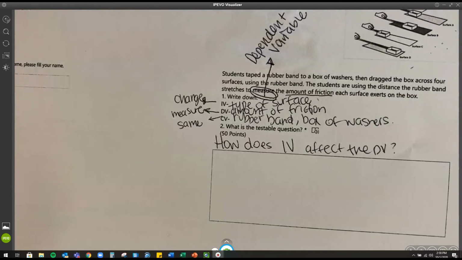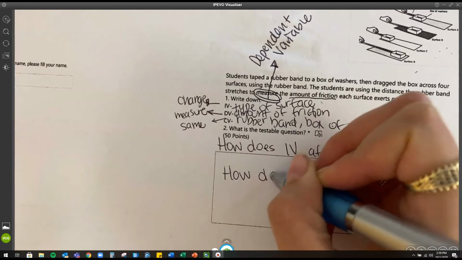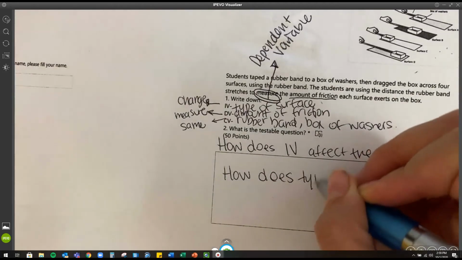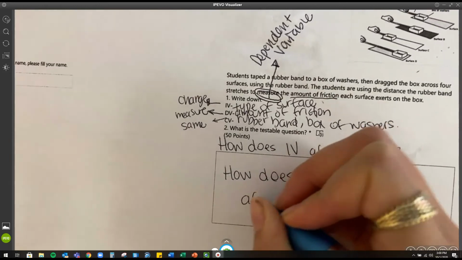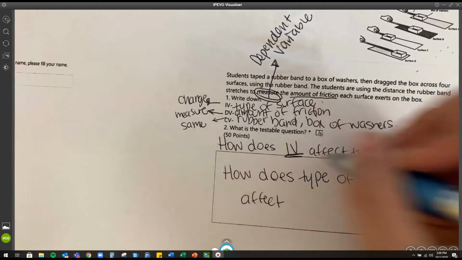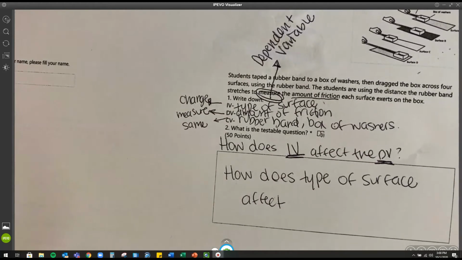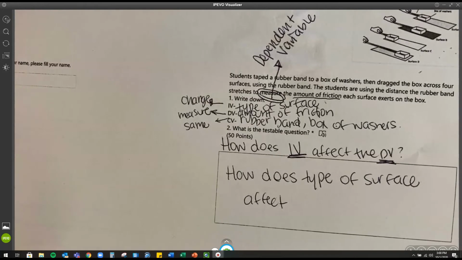Kaylee, what is my testable question? What's the IV, Kaylee? Type of surface. How does the type of surface affect the DV?